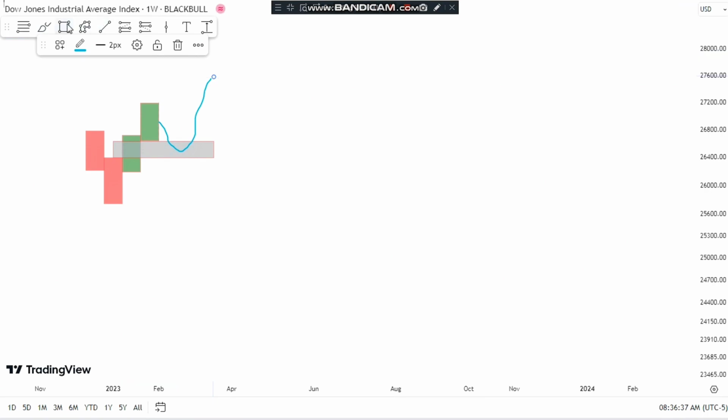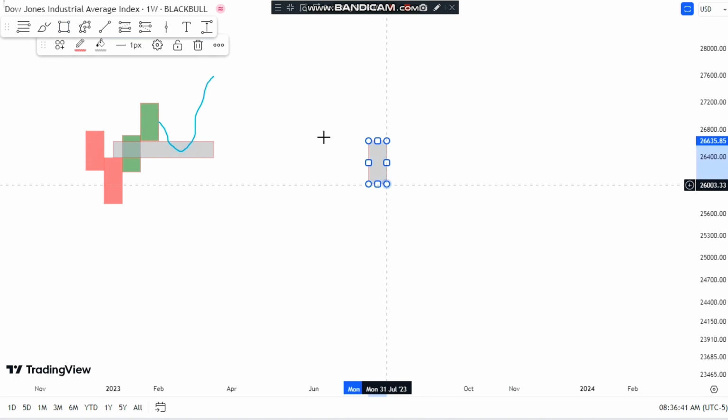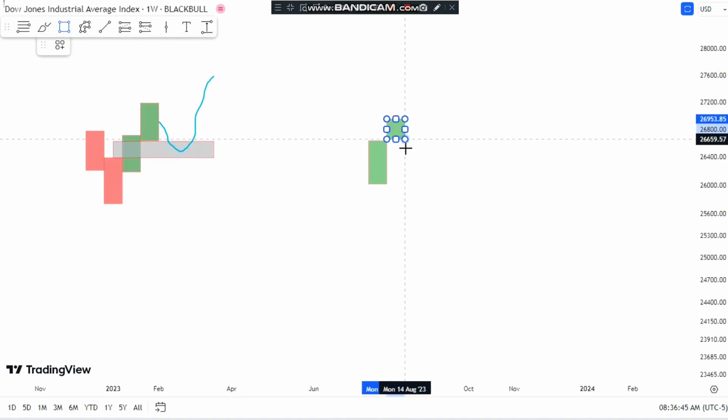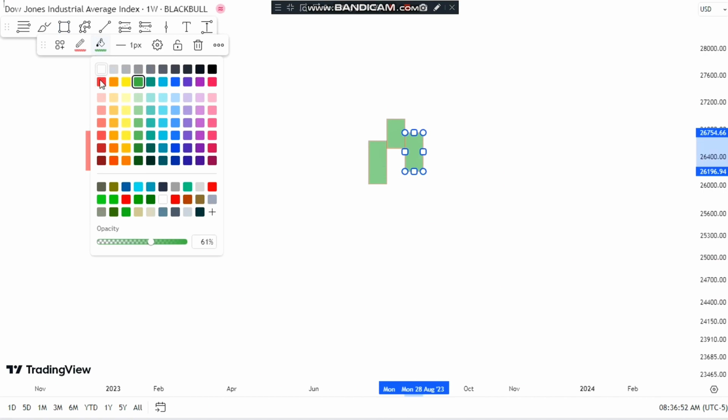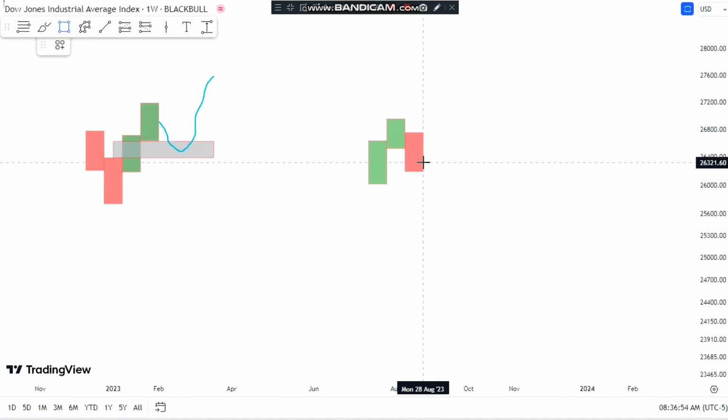Now what is a bearish order block? In bearish order block, the price goes up. Okay, you get these candles and then all of a sudden you get a down closing candle. Okay, it's just the opposite of bullish order block.